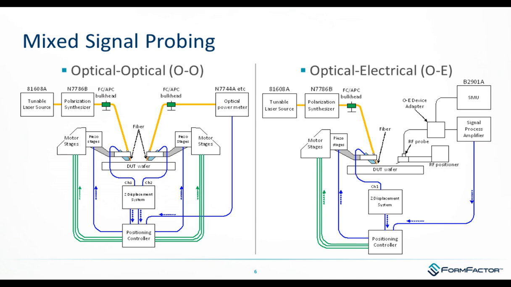So the main differences between the two here is on the left, when you have an optical-optical, in both cases there is an optical to electrical conversion taking place. In the optical-optical on the left, the optical power meter outside the wafer does that conversion, but on the optical-electrical, that conversion is actually done inside the DUT on the wafer.